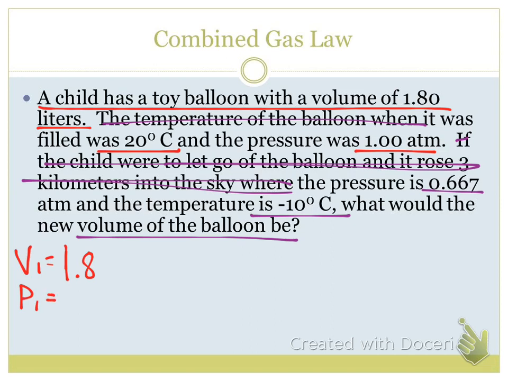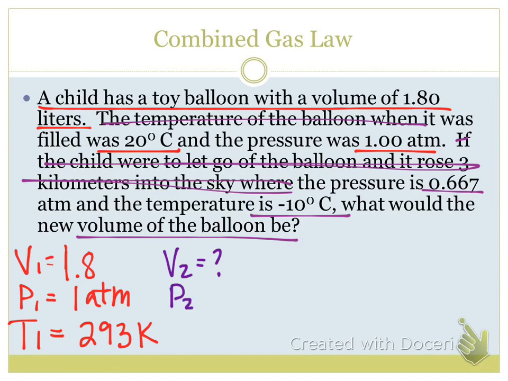P1 equals 1 atmosphere, and T1 equals 293 Kelvin. If it's at negative 10 degrees Celsius, we're just going to take negative 10 plus 273. So we're getting 263 there.